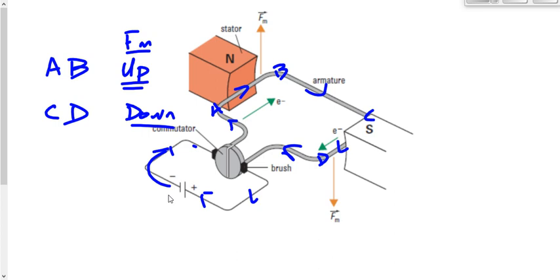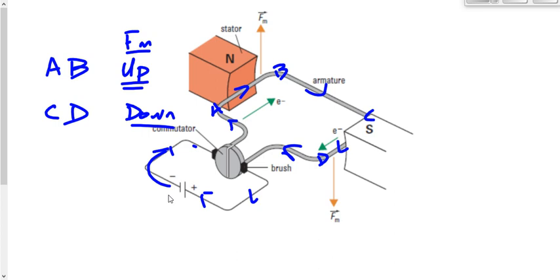There's no magnetic effect. But because it has a little bit of inertia, we call it rotational inertia, it keeps spinning a bit. Now look at where ABCD is. When I flip it over past 90 degrees, AB is now over here on the other side. Make sense?